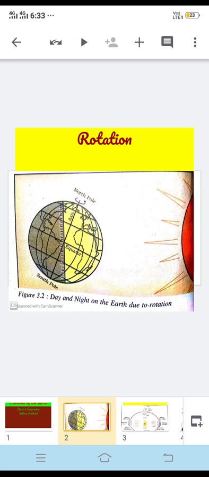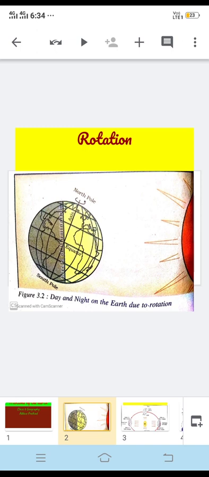And what is the result of rotation? The result of rotation is day and night. As you can see in the picture, the part of the earth that is getting sun rays observes day, and the part of the earth not getting the sun rays observes night.